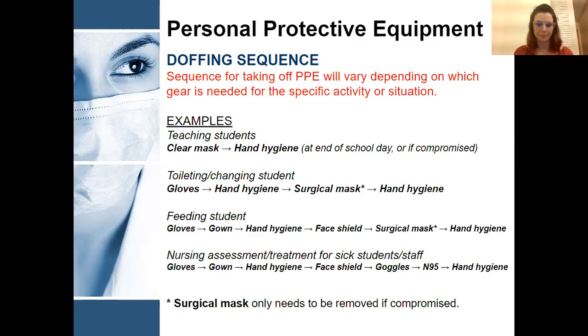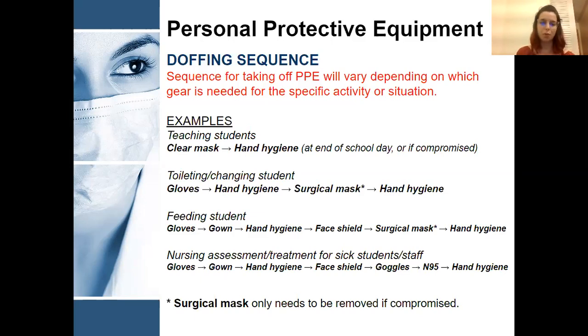and engage in hand hygiene once again. If you're feeding a student, whether it's oral or by G-tube, you're going to want to remove your gloves, then your gown, engage in hand hygiene, remove your face shield, then your surgical mask if compromised or switching to a different type of face mask, and engage in hand hygiene once again.